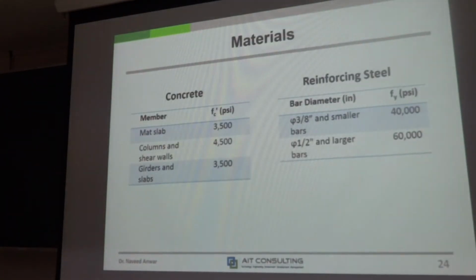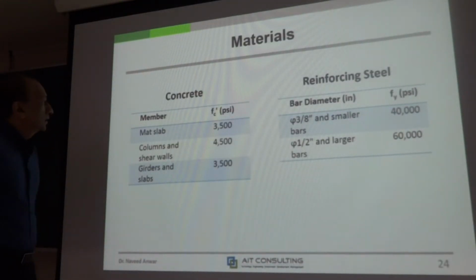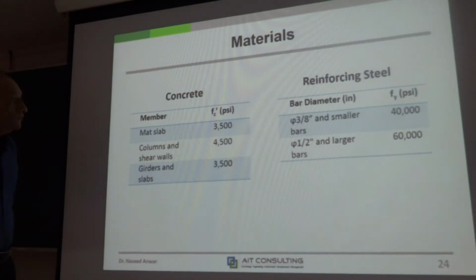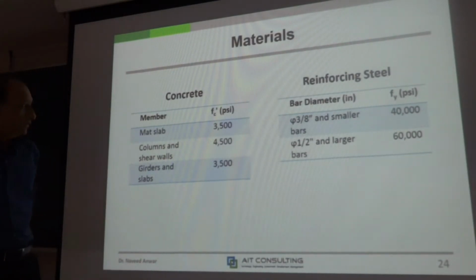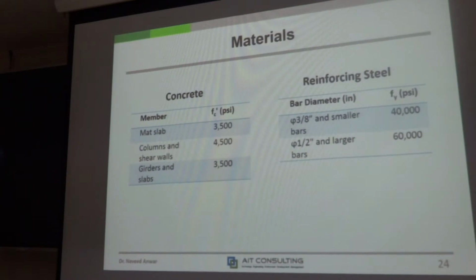Materials. Different parts of the structure will be using different materials. Again, simple building, you normally only specify one concrete will be enough. But not in the case of tall buildings. Tall buildings, slabs, columns, shear walls, foundations, all of them will be using concrete of different strength.